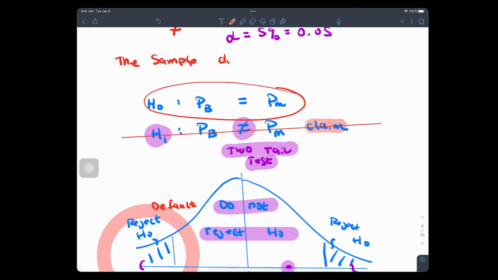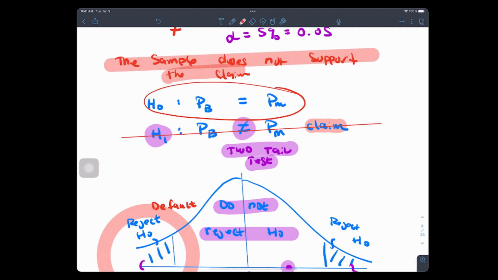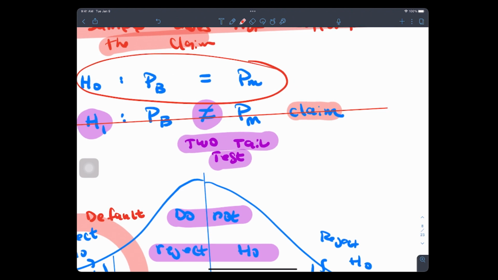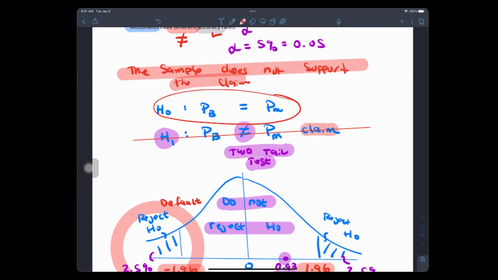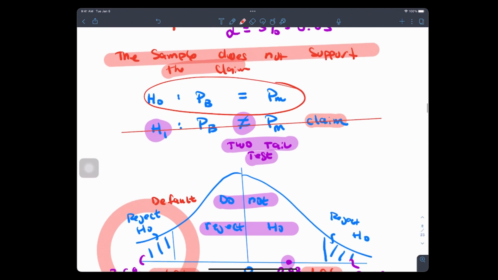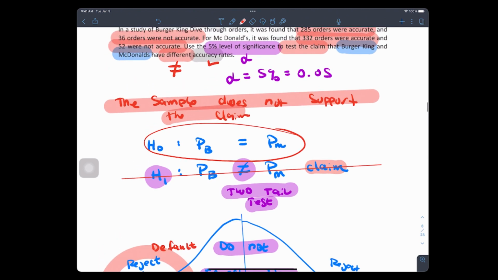The sample does not support the claim. And you say, why? Because you crossed out the claim. So this suggests that the accuracy rates are the same. They're equal.